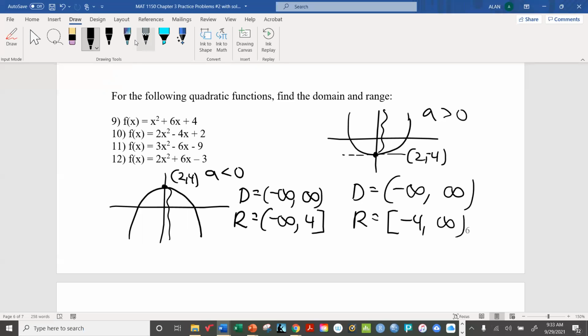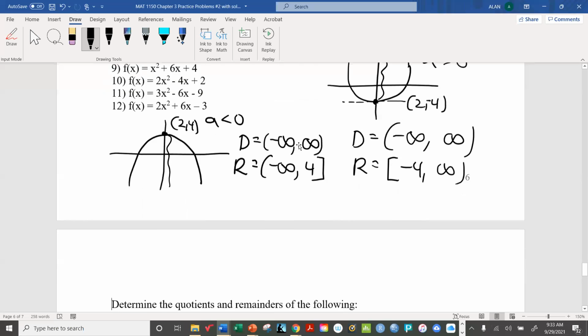Now, the book gave us formulas to do this with, but what we want to remember is that this 4 is the K in our vertex.